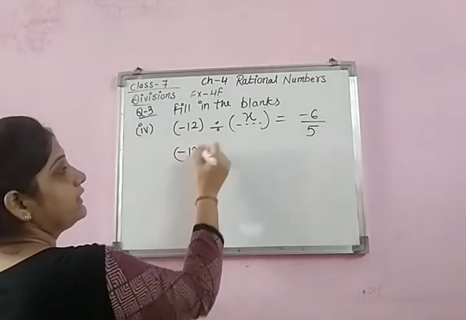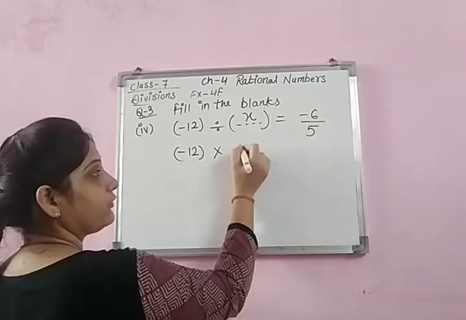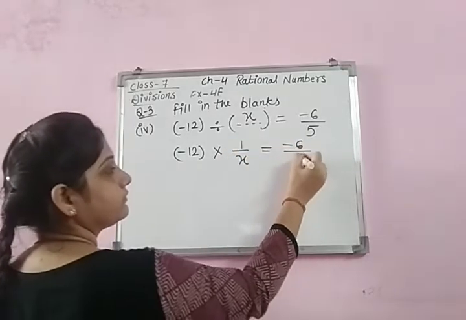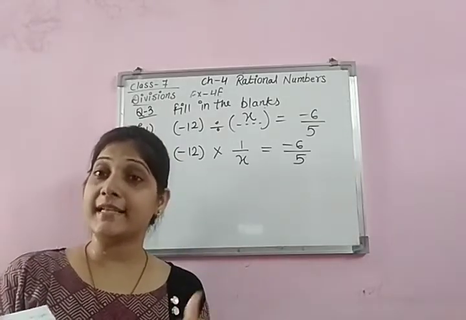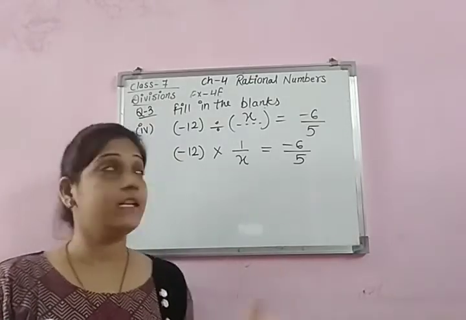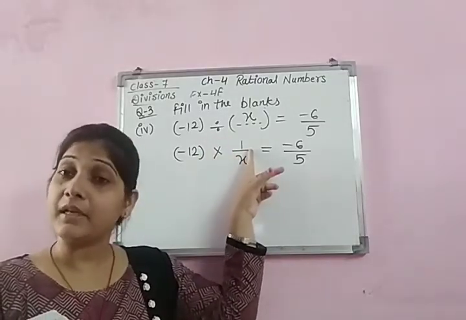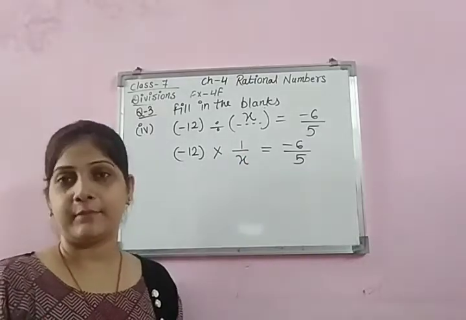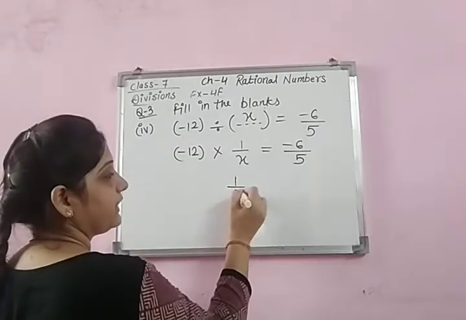Negative 12, divide, make it multiply, and this is actually x upon 1, so we can write it as 1 upon x. Is that clear? In the previous question it was x upon 1, which remains as it is. But here with division it gets reciprocal because it is the second number and at the second place the reciprocal will take place. That's why. Now 1 upon x will remain here.